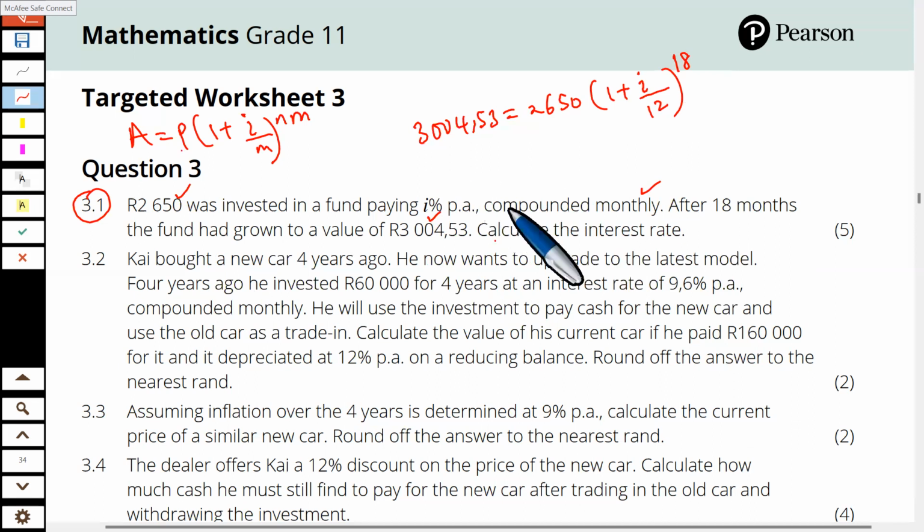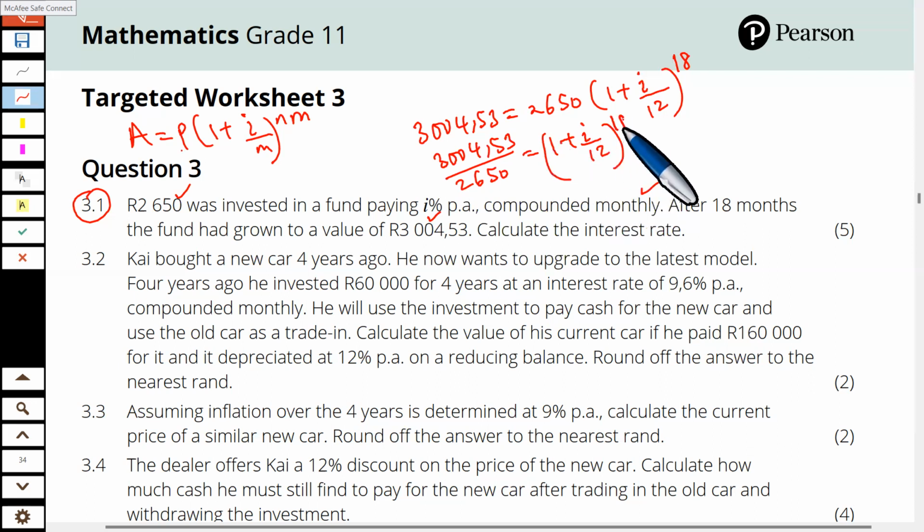All right. So we want to get the I. So you divide 3,004.53 by 2,650, and this is actually 1 plus I over 12 raised to the power 18. You take the 18th root of both sides, which means you're going to have the 18th root of 3,004.53 divided by 2,650.